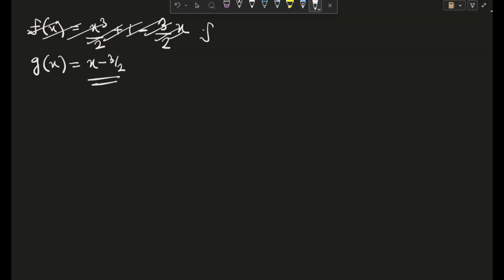F of x was actually equal to 1 plus kx squared, right? So this will be 1 plus 3 by 2 x squared. Yeah, now it's correct. And g of x comes out to be x minus 3 by 2.